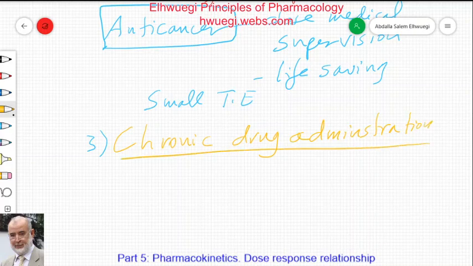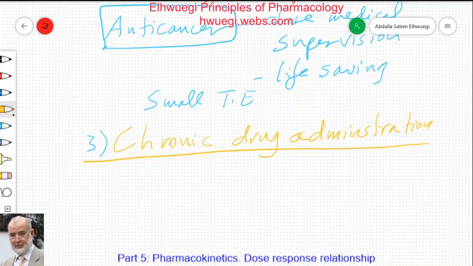Suppose I'm taking the drug for acute use, as in the case of headache. In this case, I will take only 1 tablet of paracetamol that will produce a therapeutic concentration, and then it will be eliminated, and that's it, finished.